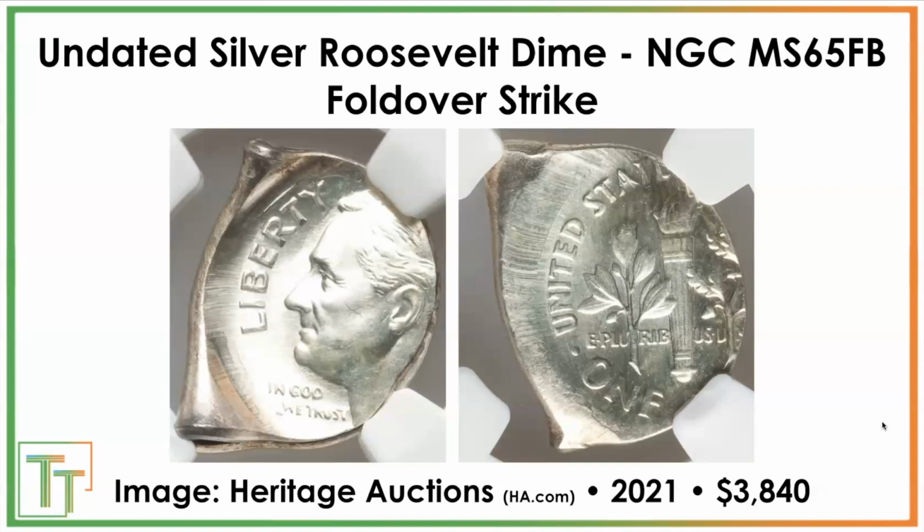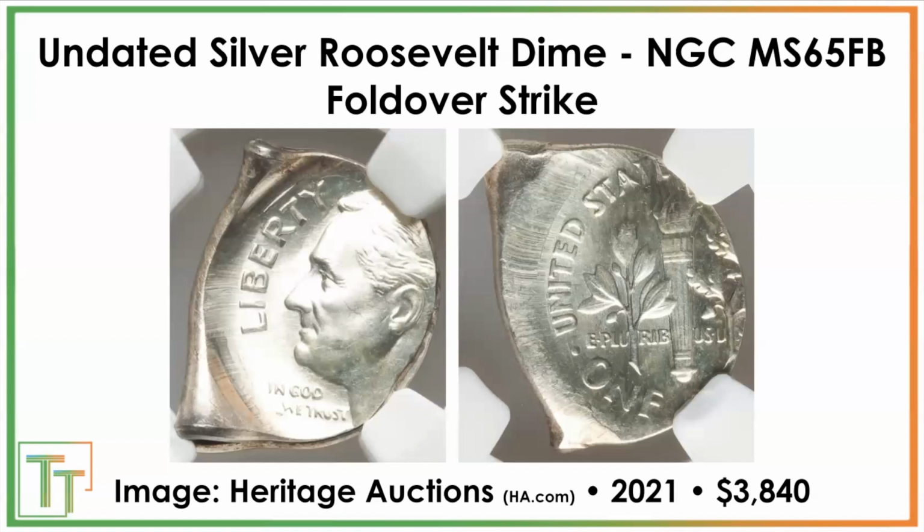One thing we talked about was the full bands designation on the torch there. Is that different with foldovers? It might be more likely to happen, or is it just with other types of errors? Yeah, it is more likely to happen, just because you've got basically double the planchet thickness there due to the foldover underneath the dies.